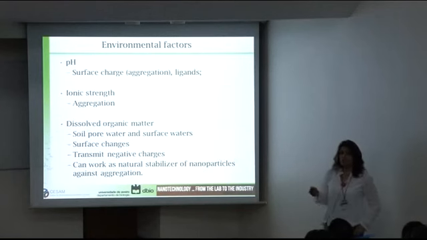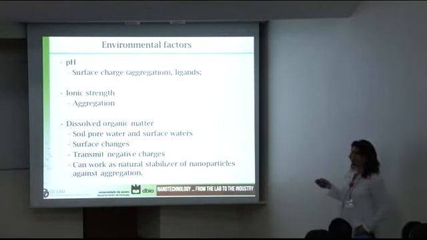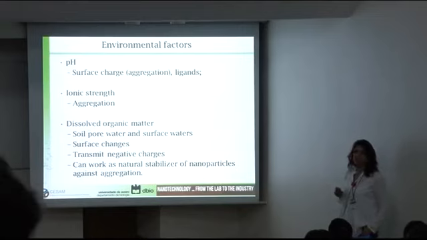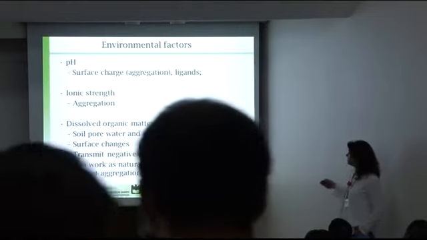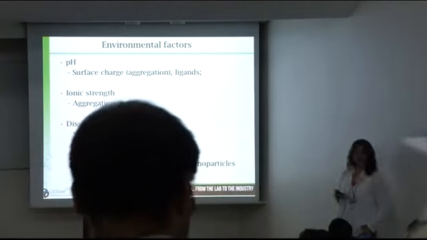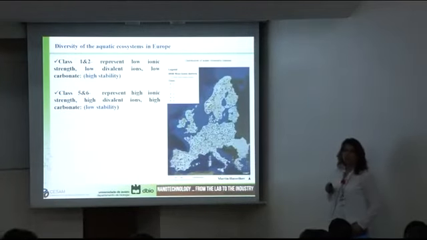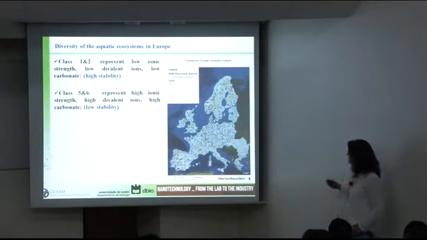So we also know that they change according to the environment they are in. There are parameters in the environment that change their behavior, and this is one of those examples. This is a map of Europe, and here you have the distribution of water chemistry classes.